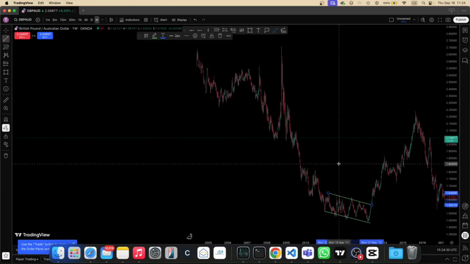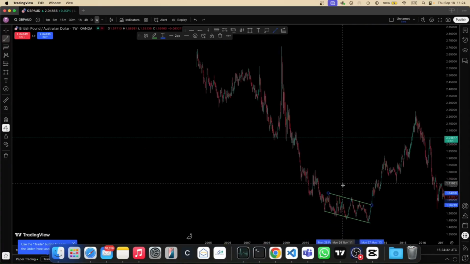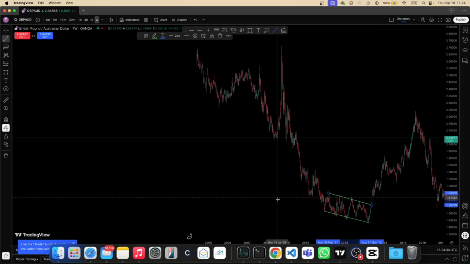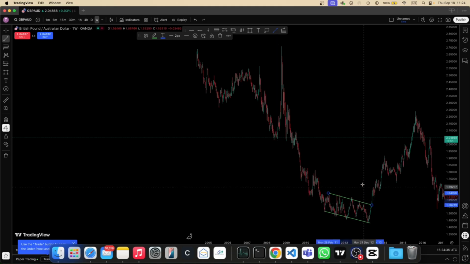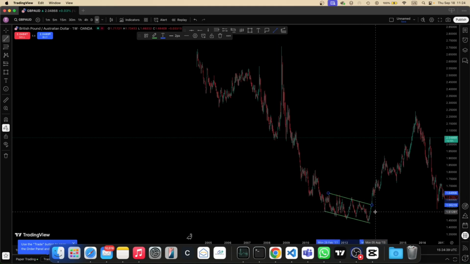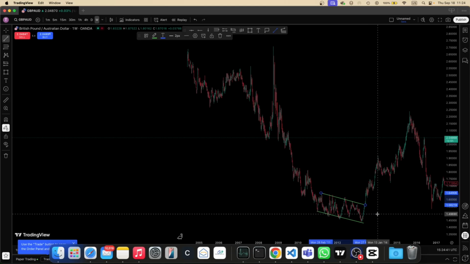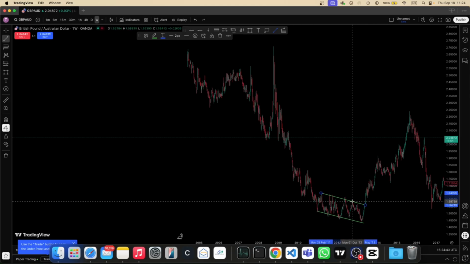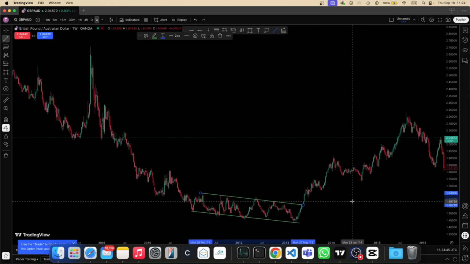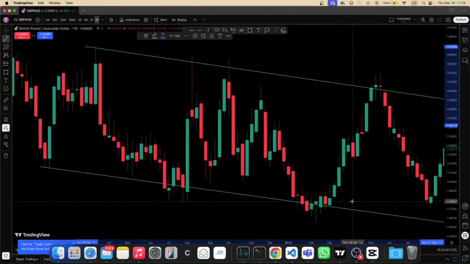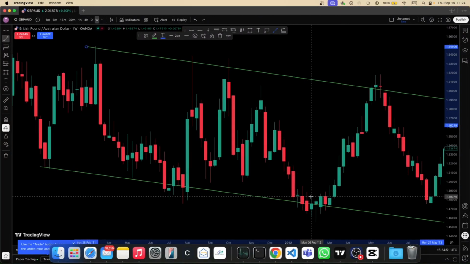When I taught you in the previous video about how to identify trends, this is the opposite. This is how to identify a stagnant ranging market and how to take opportunities in this kind of market. So when the price comes to the support or resistance, don't immediately buy or sell.